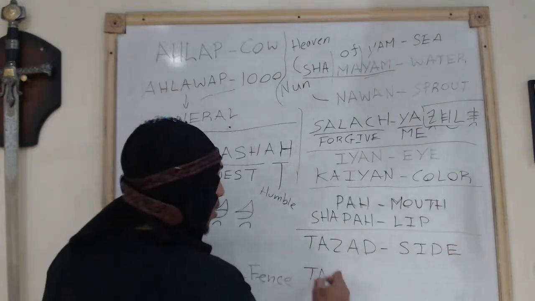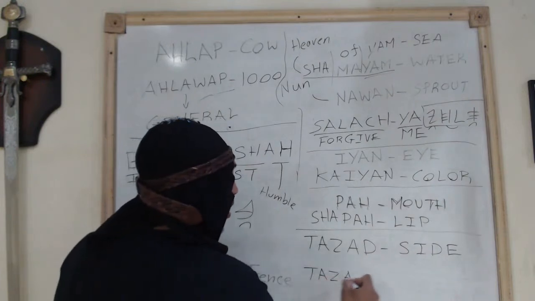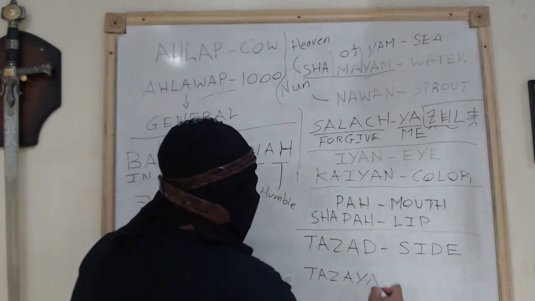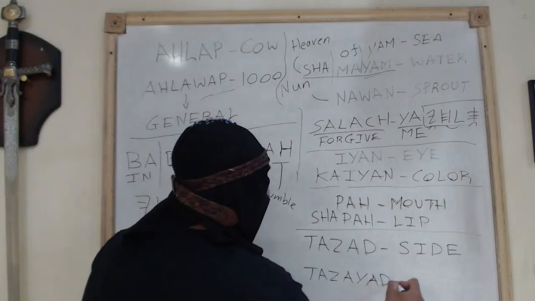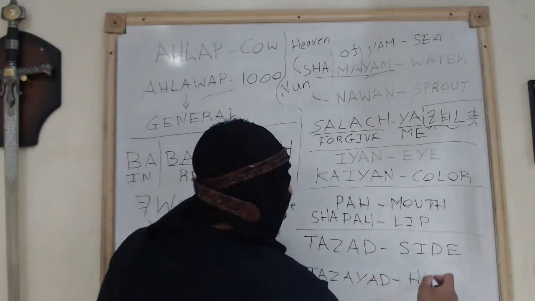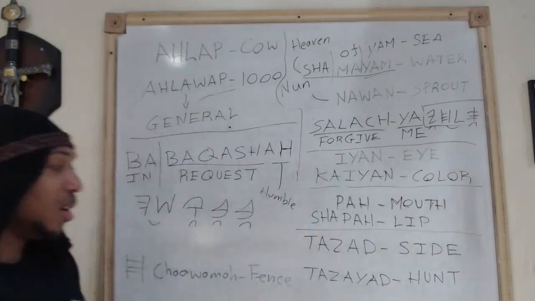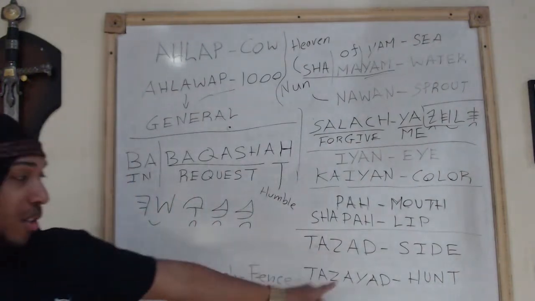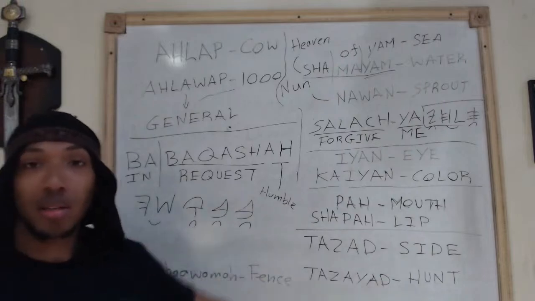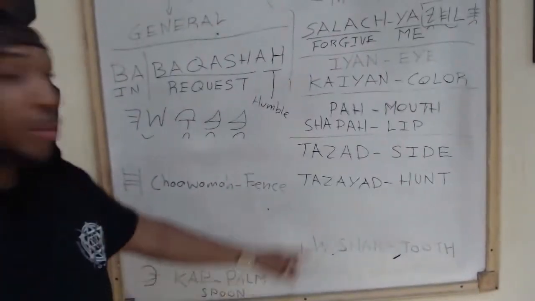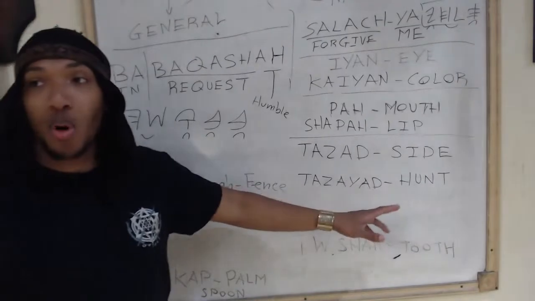Tazayad is supposed to mean hunt. Meaning sided, meaning if you hunt anything, the thing you hunt ends up on its side.